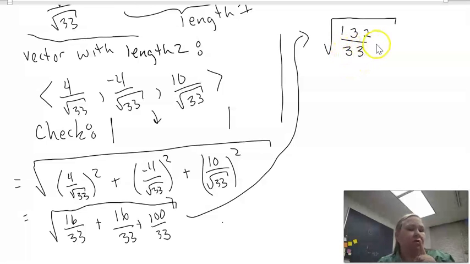Now, 132 happens to be divisible by 33. If you pull out your calculator and divide, you will find out that when you divide 132 by 33, you get 4. Length 2.